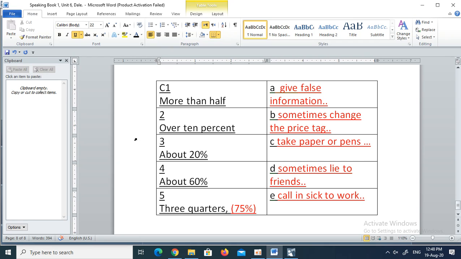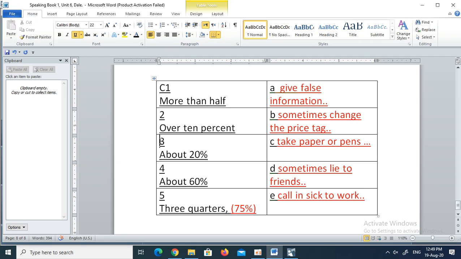Number 2. Over 10% sometimes change the price tag to a lower price for something they want to buy. Okay, over 10% sometimes change the price tag to a lower price for something they want to buy. Whatever is the correct letter on the right hand side, put it next to 2.